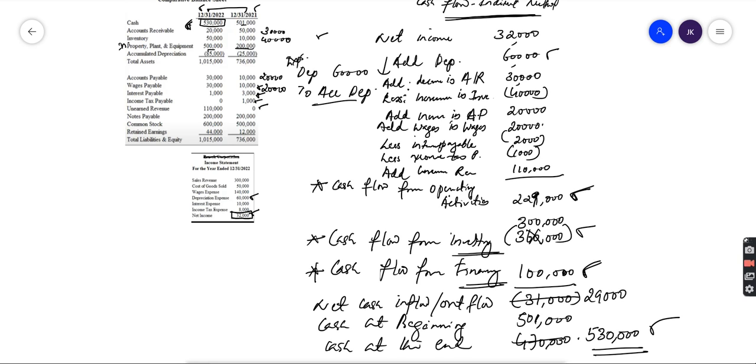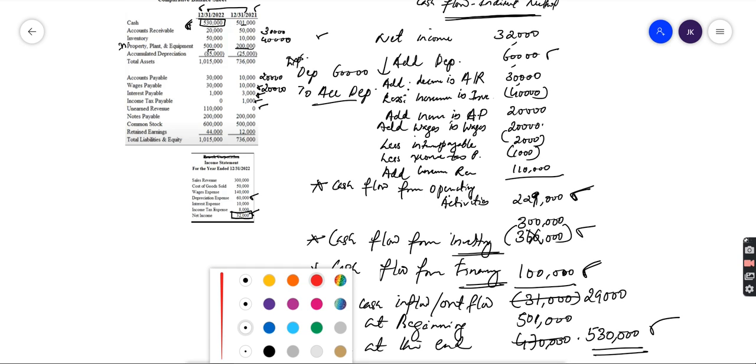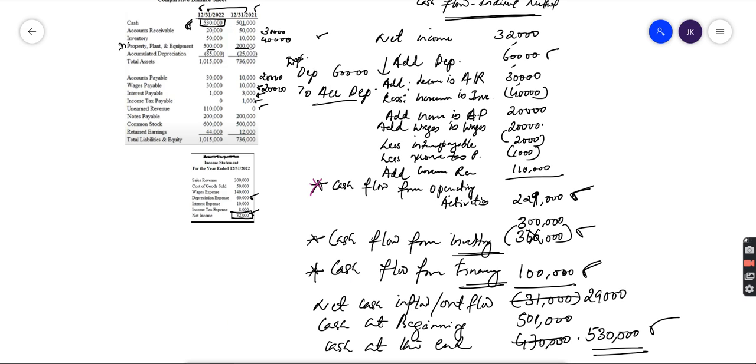Now ideally, one thing that you need to see here is how do you analyze this? These things are very, very important. Okay, why is it important? Because now look at this. This cash from operating activities, you need to have a positive figure. Why?